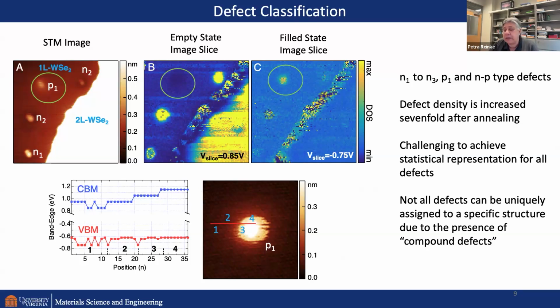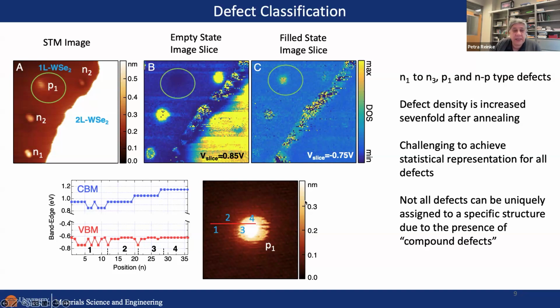The numbering is somewhat arbitrary. So we see this defect here very clearly in the integrated STM image, but we actually don't see it anymore in this specific empty state image slice, but we see the defect very nicely at this position here in terms of voltage in the filled state image.